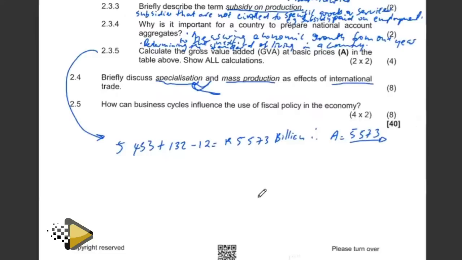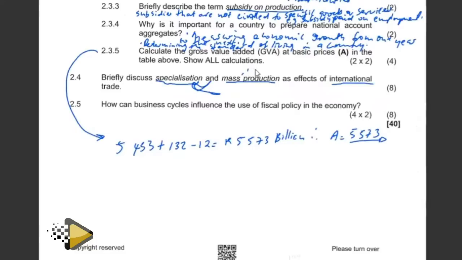If you still remember, international trade refers to buying and selling of goods and services amongst the different countries. When we talk of mass production, we check the production of goods and services in larger quantities.